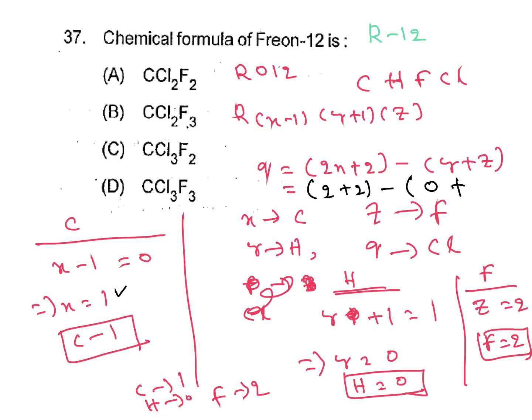So we will get Q equal to 4 minus 2, 2. So chlorine is 2. Chlorine value is 2, because Q represents chlorine. So here we will write 2.